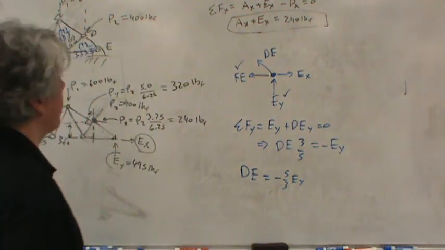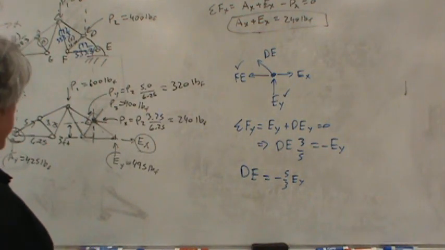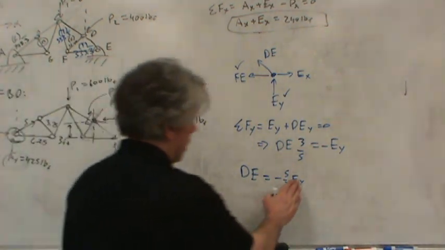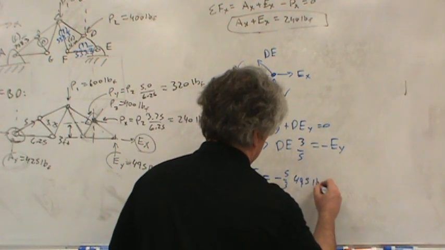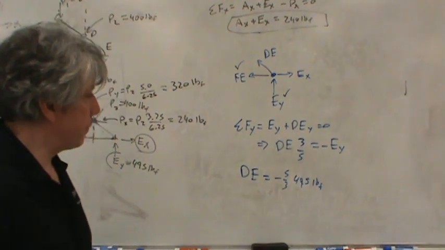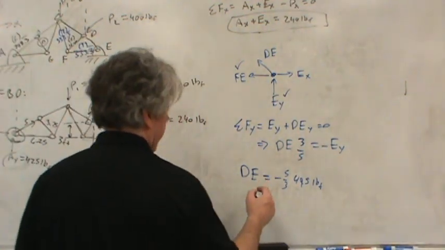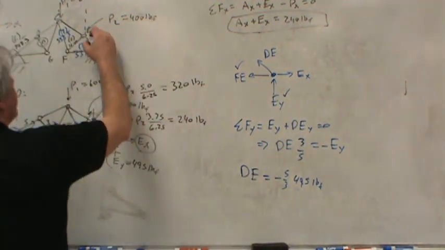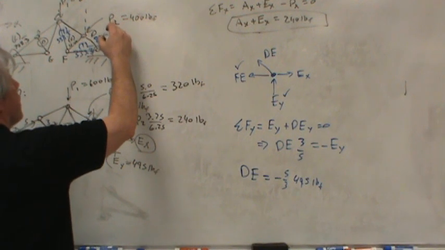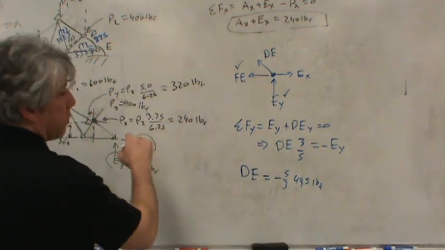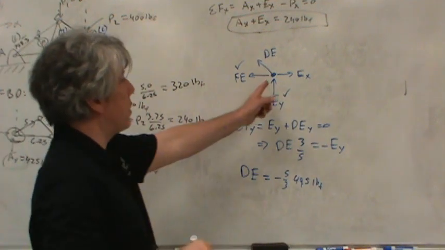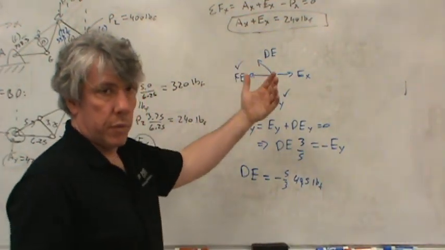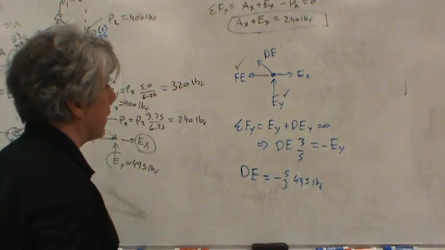So when we do that, we need 495 times 5/3. What do we get for that? 825. Okay, so DE is 825 pounds, and that must be in compression, right? Yeah, because we assumed tension, which is what you assume by default, but in reality it's compression.